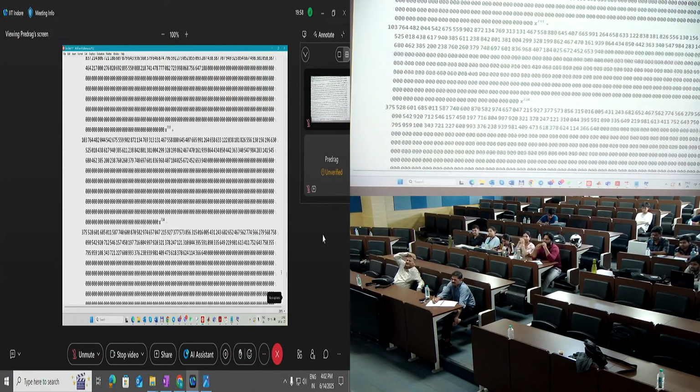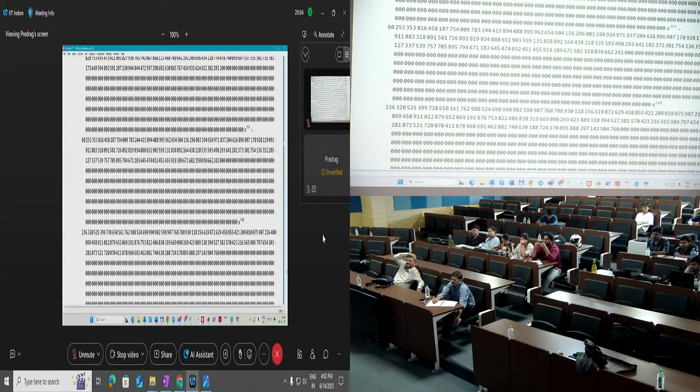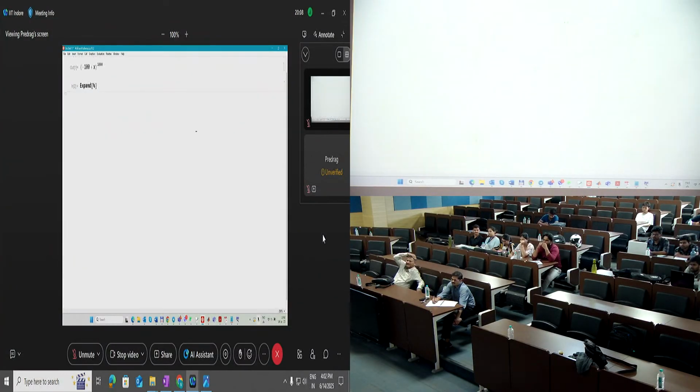I cannot scroll because of the sharing. Simply I will delete this output. One simple example: 2x plus 3x is 5x.